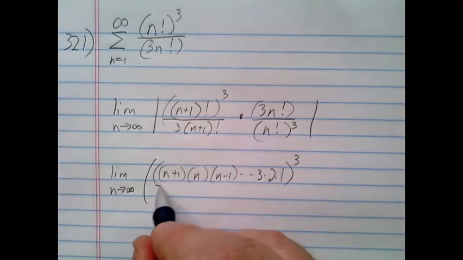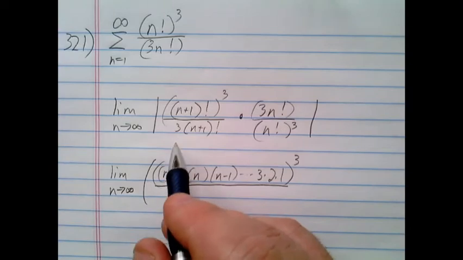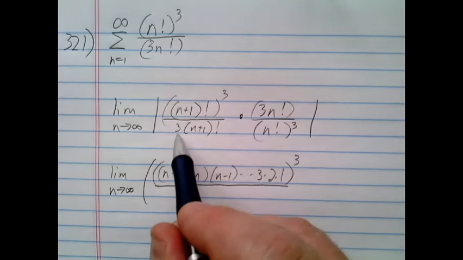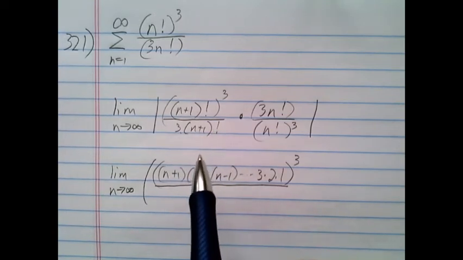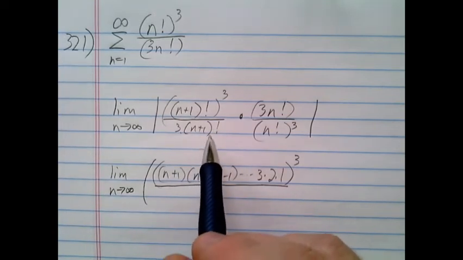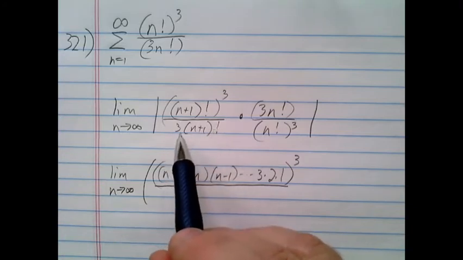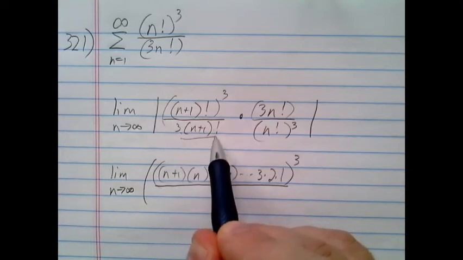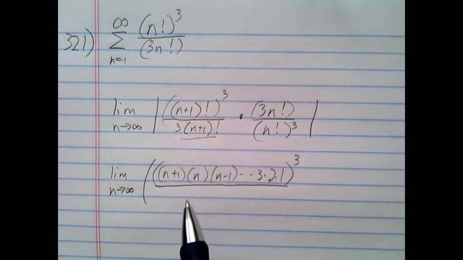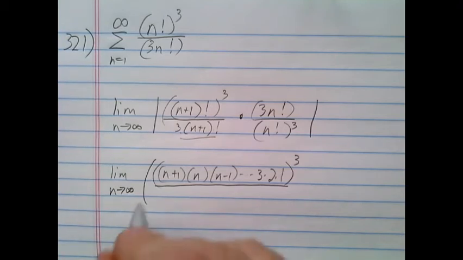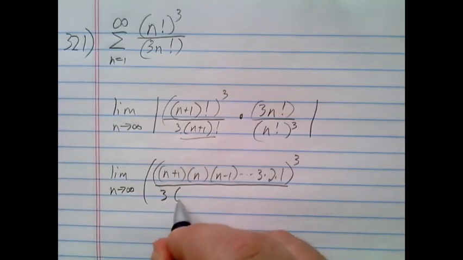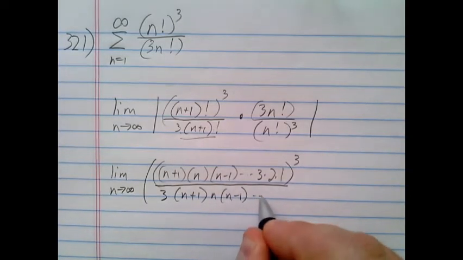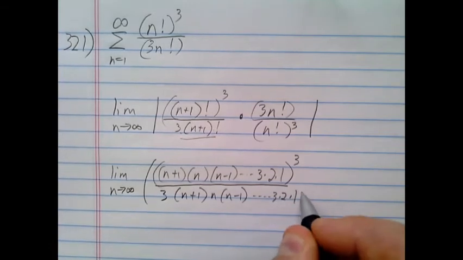Now down here, now here's something that I should probably clarify because it hasn't really come up yet. But we've got multiplication and we've got a factorial. Okay? Factorials are considered to be higher priority in the order of operations than multiplication. So it's n plus 1 factorial times 3. Okay? So really I just have a 3, and then I have the n plus 1 times n times n minus 1 all the way back to 3, 2, and 1.